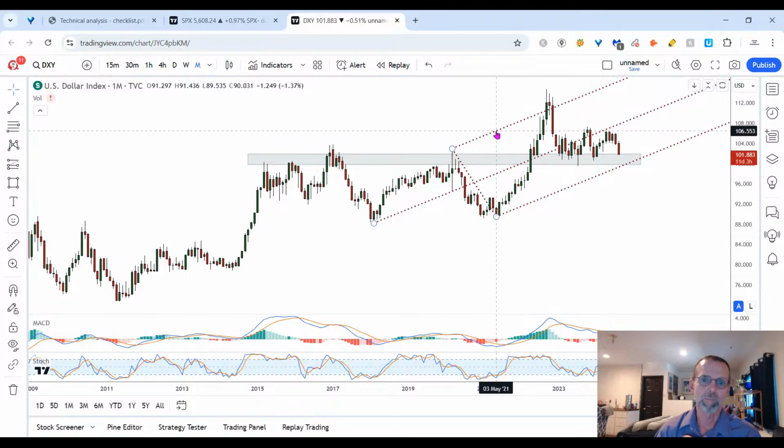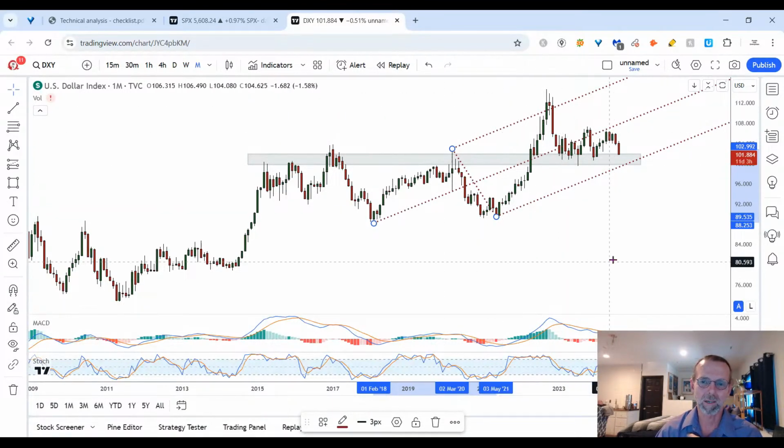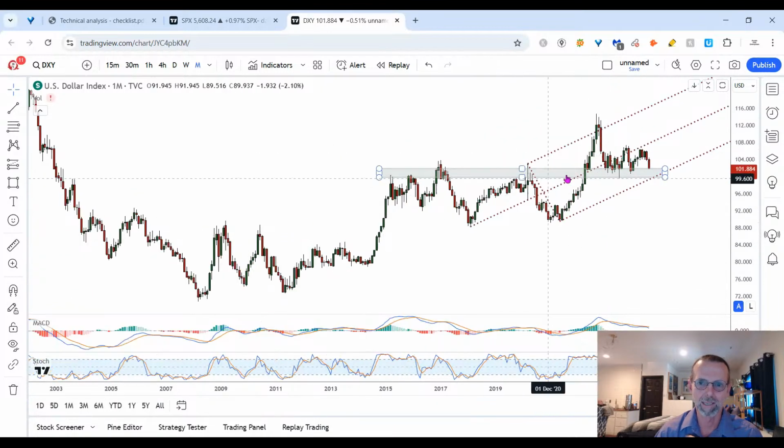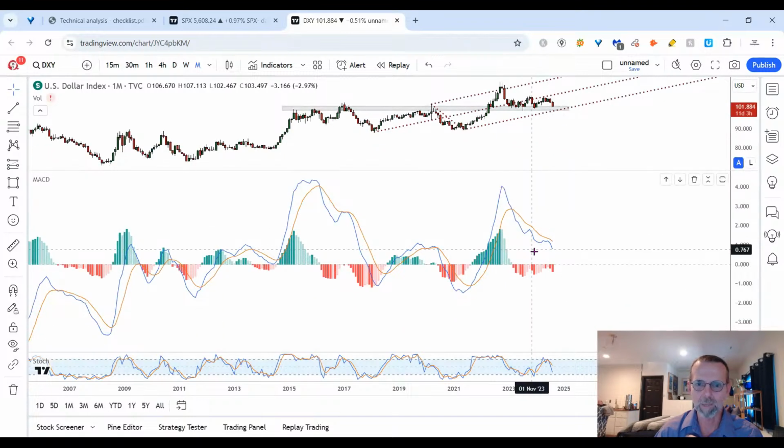Whenever we draw a valid Andrews pitchfork, it shows us the trend immediately. Clearly the trend here is to the upside, and we see that in the fork. In MACD, we talk about MACD being in bull mode, both indicator lines above the zero level.